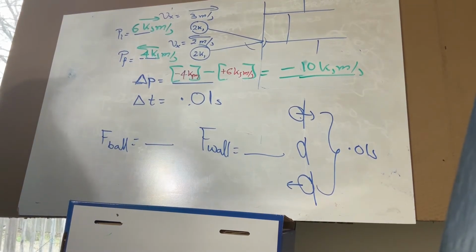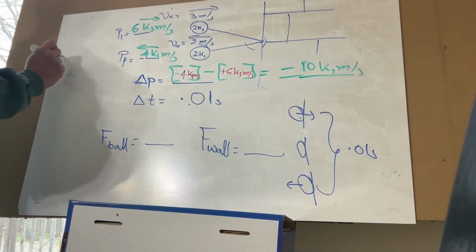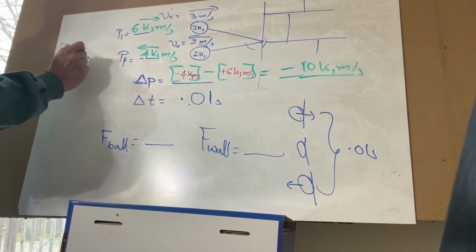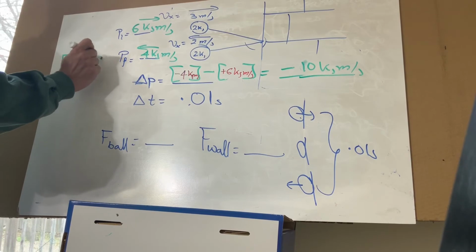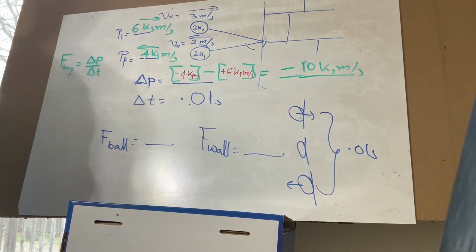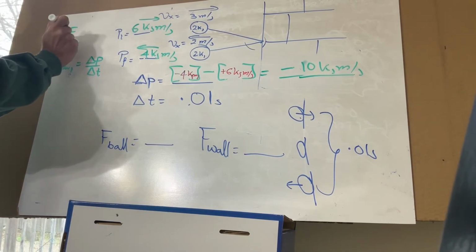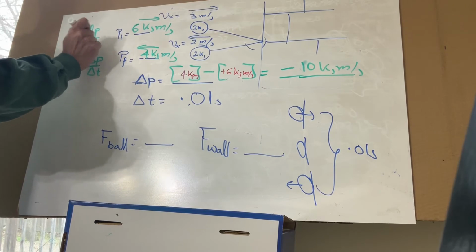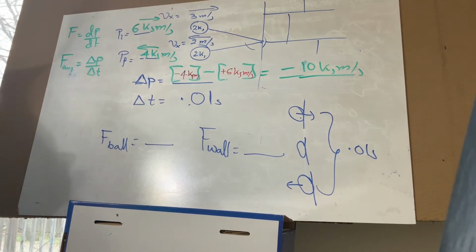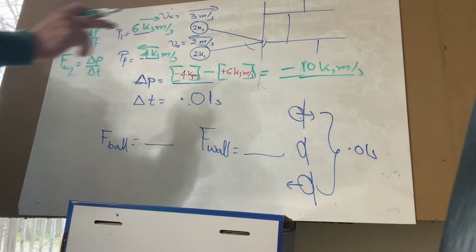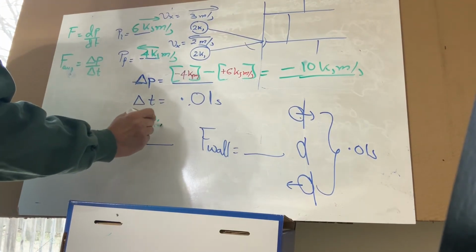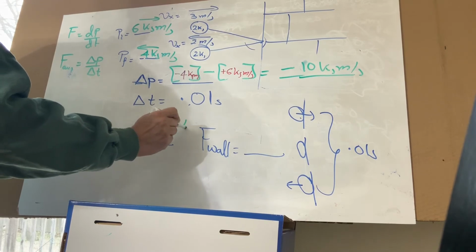Okay, and remember by Newton's second law, how he wrote it? The average force is equal to the change in momentum over change in time, the average force. Okay, the instantaneous force, of course, is dp by dt. All right, if you want to find the instantaneous, this is the average force. Okay, so what is the change in momentum? The change in momentum is minus 10 kilogram meters per second.